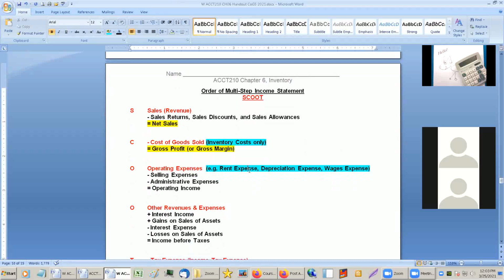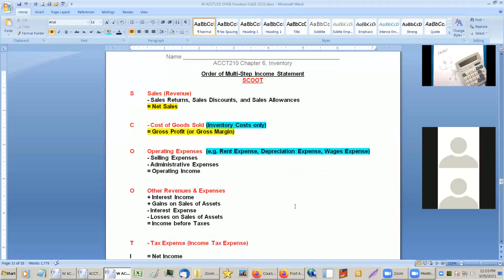The operating expenses, this is where the rest of the big stuff usually goes. Rent expense, depreciation expense, all that kind of stuff. We come up with our operating income.